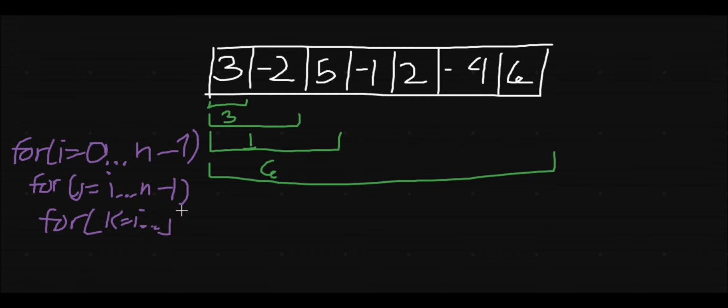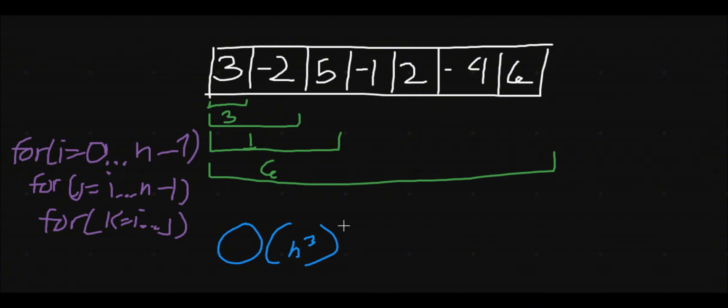It computes every sum, so you compute this and this 6 until the end of the array. So you get a time complexity of O(n^3), which is kind of long.